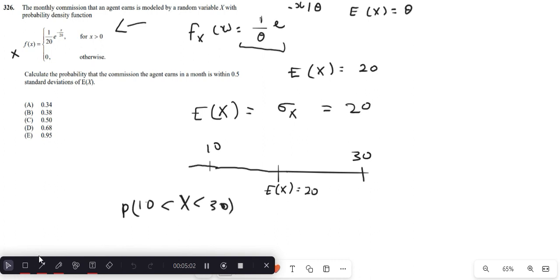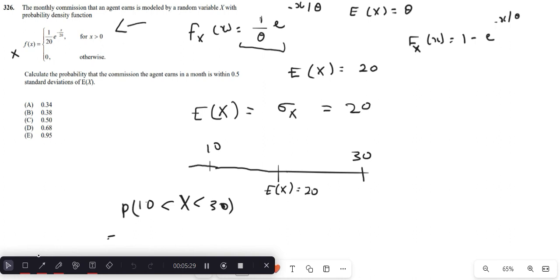To do this, remember another thing about the exponential distribution: F of x, the cumulative probability up to an amount x, is equal to 1 minus e to the negative x over theta.